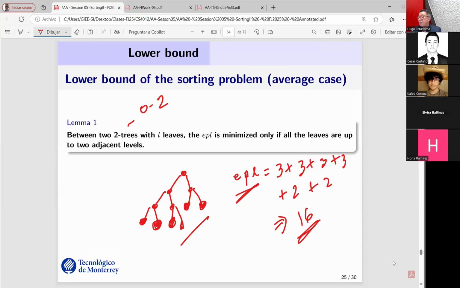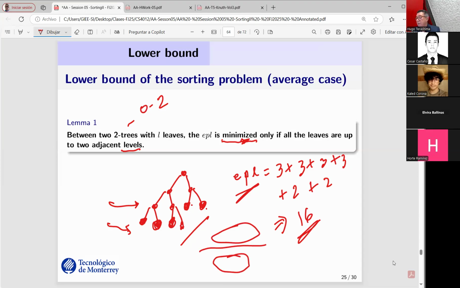Among 2-trees with L leaves, here I have 6 leaves, the EPL is minimized only if the leaves are on 2 adjacent levels. So if I have the leaves at 2 levels, the EPL is minimized. I want to minimize the sum here against the number of leaves.